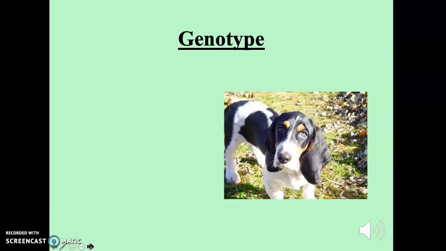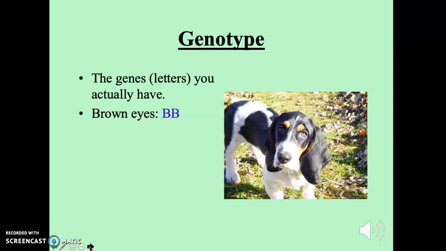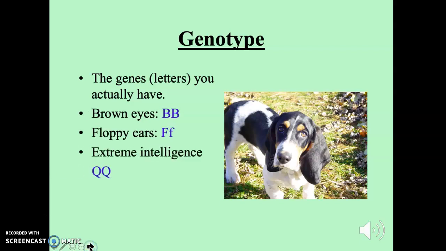A genotype, however, is the actual letters that represent the genes that this animal has. For instance, you'll notice brown eyes. Brown eyes are dominant. The first B came from mom, the second B came from dad, and because he got two dominant alleles, or dominant genes, he now has brown eyes.